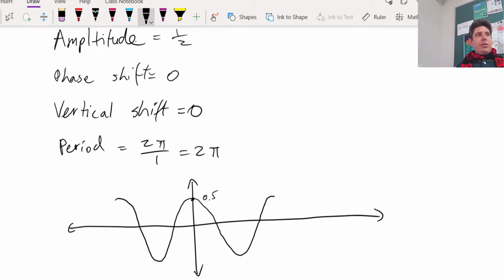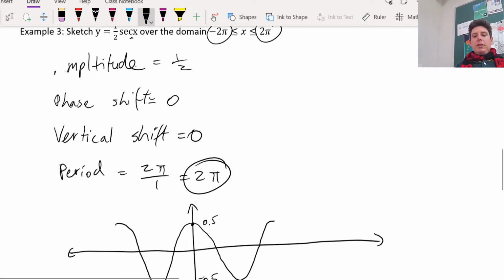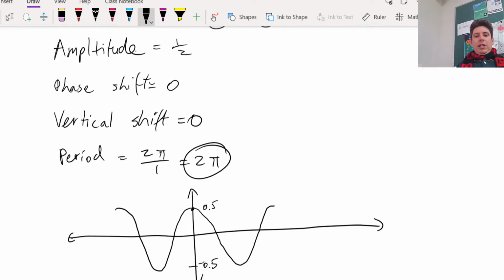So it's going up to 0.5. It's going down to negative 0.5. Okay. And it finishes where it started because we're going between 2 pi and negative 2 pi, and that's our period. So it's beginning and ending at the same point.